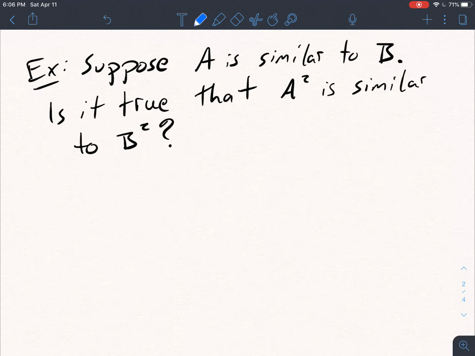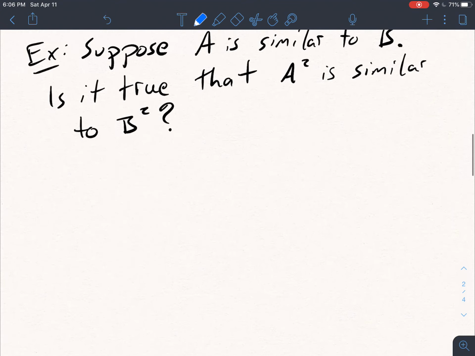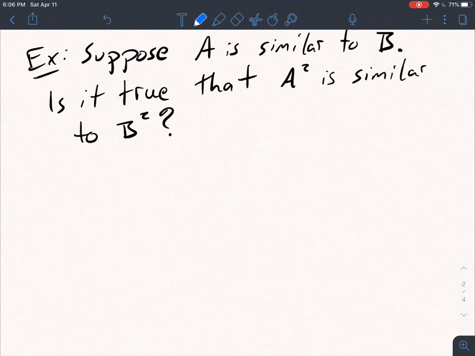That would be a perfectly fine way to start exploring this question on your own. And the more you do it, the more you convince yourself that this looks like it should be true. So why is it true? Well, I'm just going to go through the proof of why this is true. So the answer is yes.